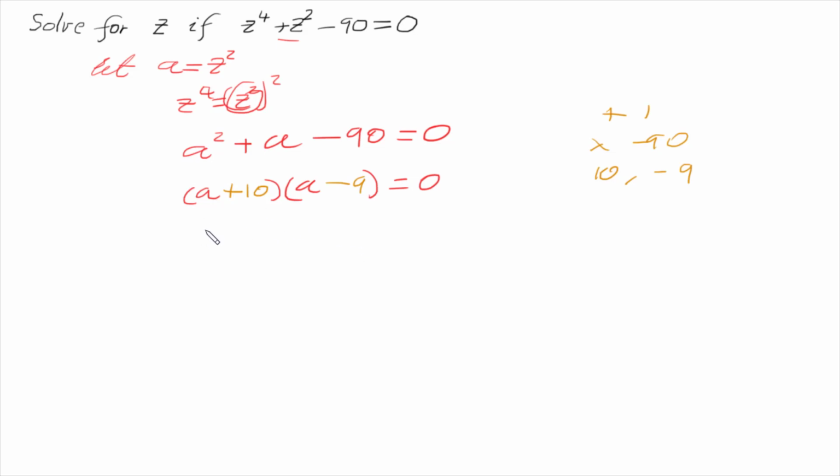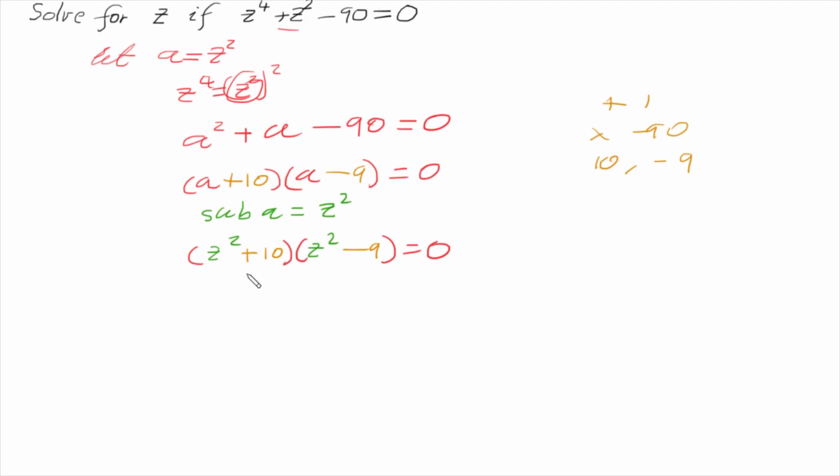And so now I can sub back in my a equals z squared. So I get z squared plus 10 times z squared minus 9 equals 0. Now all I need to do is solve these two equations.